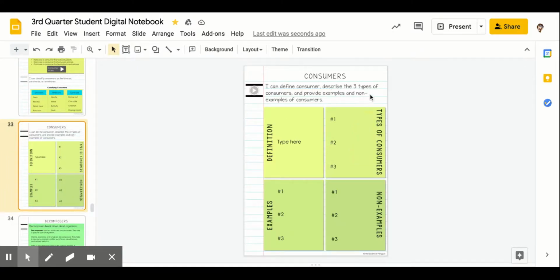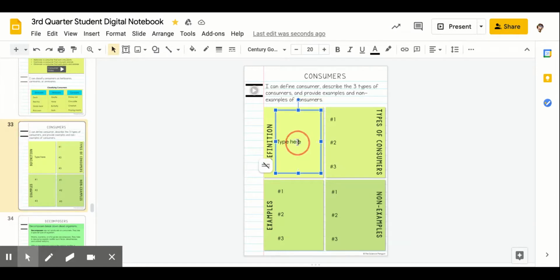All right, let's define consumer, describe the 3 types of consumers, and provide examples and non-examples. So the definition of a consumer would be something that eats. It eats to get energy, right? Anything that has to eat something to get energy.